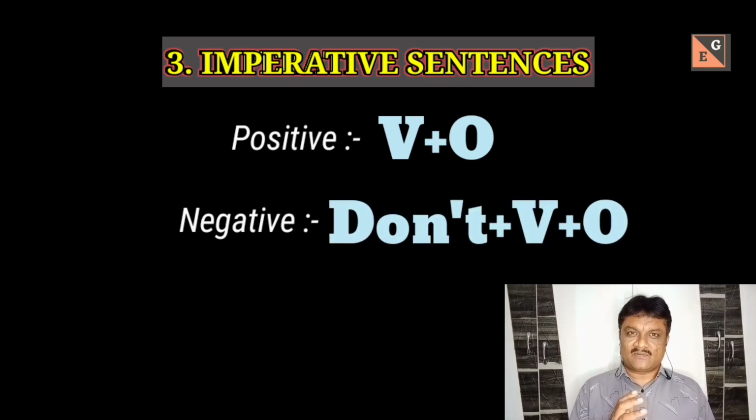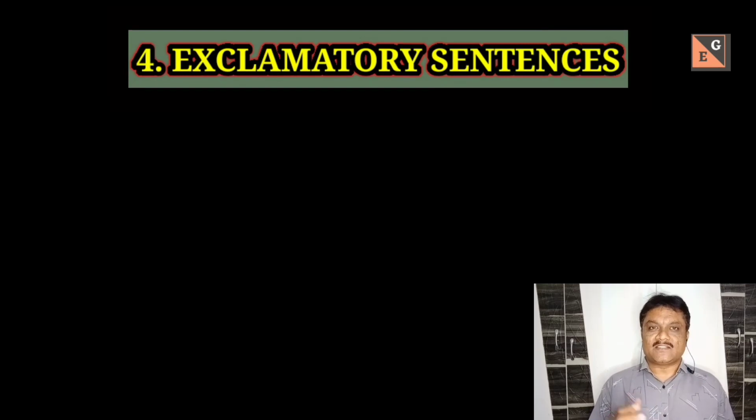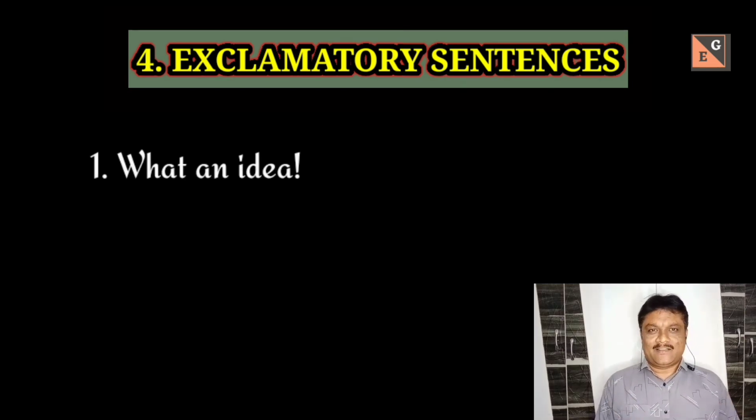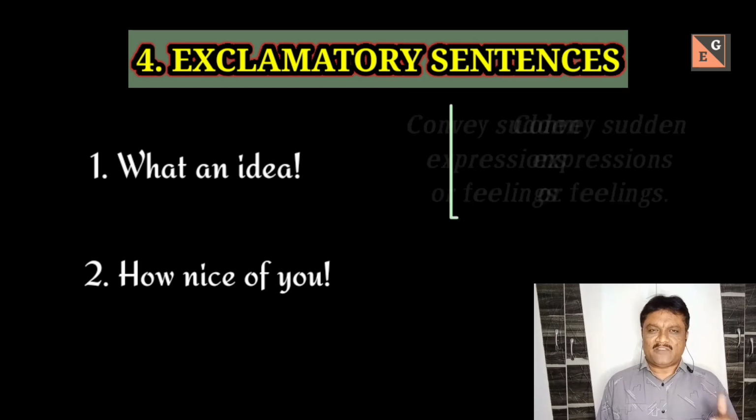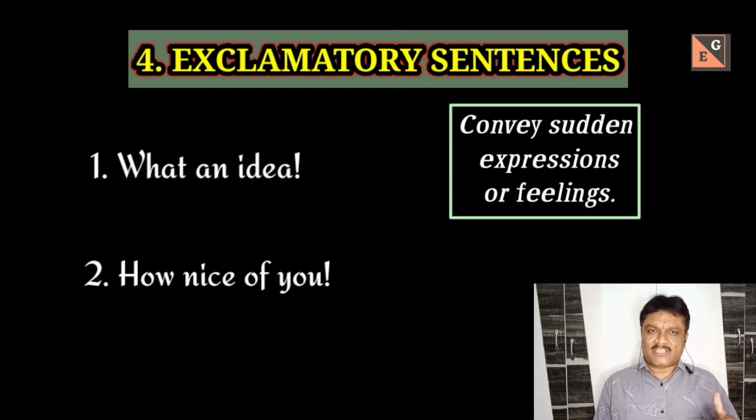And now, it is the last type of sentence, exclamatory sentences. Well, we'll see a couple of examples. What an idea! How nice of you! These exclamatory sentences are used to convey our sudden expressions or feelings.